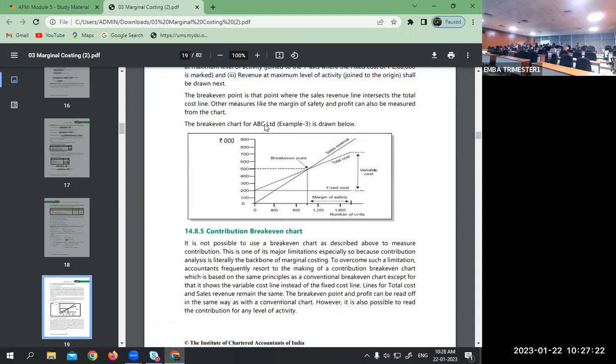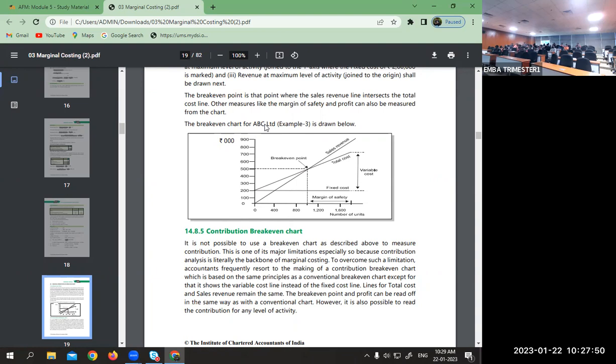Yeah, look at this. This is a diagram through which you can find out the break-even point. It's called the break-even chart. So far, we discussed how to find out the break-even point mathematically. This is nothing but a graphical way of doing it. Look at this. X-axis and Y-axis, number of units, and then amount in rupees is given.